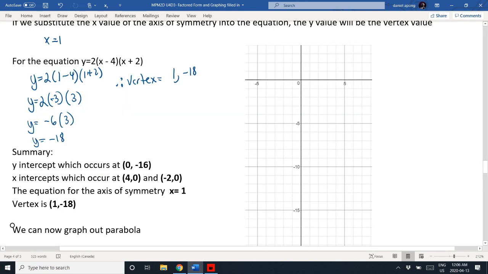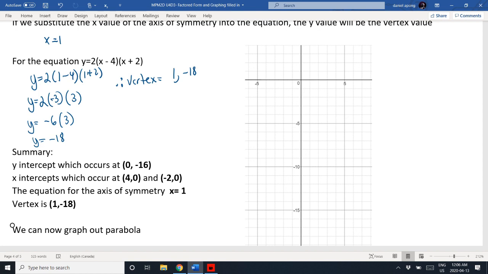So here's a summary of all those different features that we found. We found our y-intercept, which occurs at 0, negative 16, our x-intercepts, which occur at 4, 0, and negative 2, 0, the equation for the axis of symmetry, x is equal to 1, and our vertex, 1, negative 18.